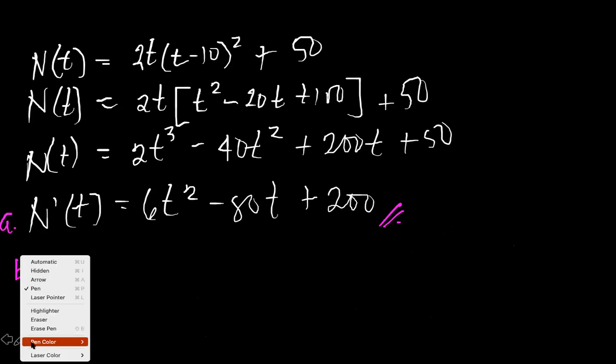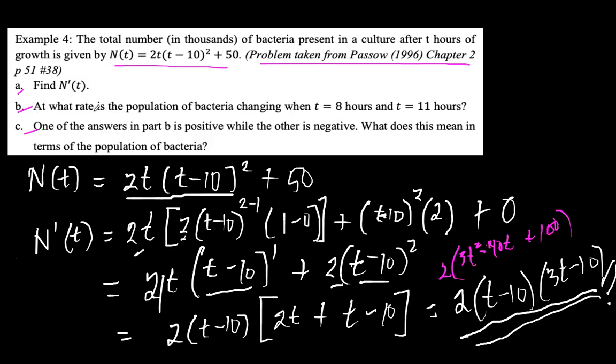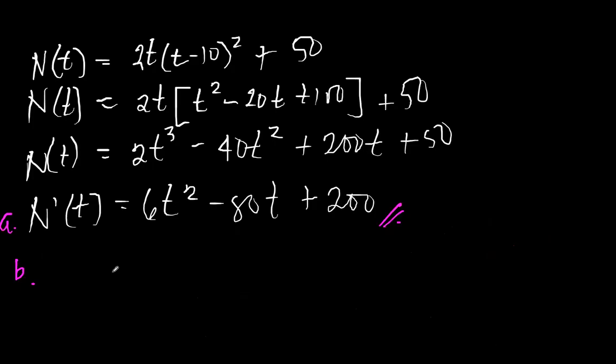The question in letter B is, at what rate is the population of bacteria changing when t is equal to 8 and t is equal to 11 hours? So here we're solving for the value of the derivative of n at 8 hours.